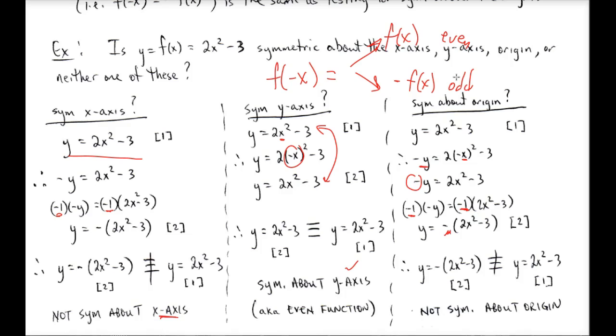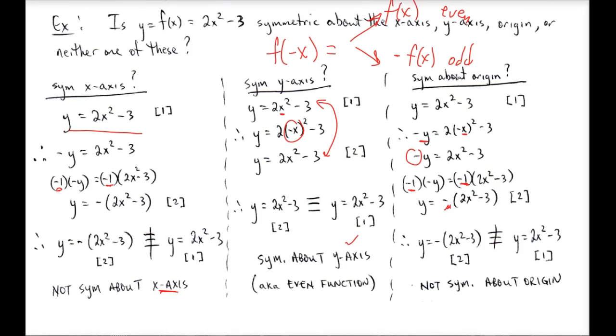Whenever we do the traditional test, what we're actually doing in that case is doing the replacements and seeing if we get the original function back every time. Okay, and we're doing it for all three of them. So that's the main difference here. For the traditional symmetry test, we're trying to find, do we get y equals the same thing every single time?